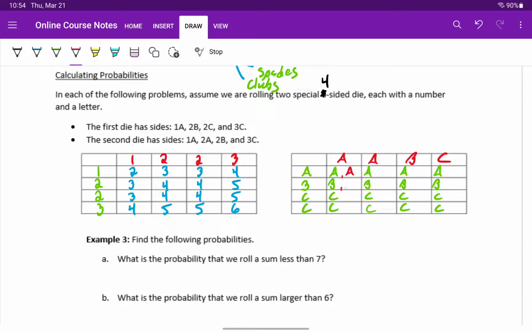So we'll add an A to each outcome here. An A to these outcomes again in the second column. Then a B. And then a C to each outcome in this last column.